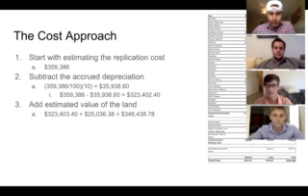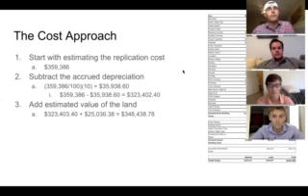So the depreciation came out to be $35,938.6. That gives us $323,402.4. Then we added the estimated value of the land, which we calculated by getting the per square foot price of land in the area. We multiplied that by the lot size of our subject property and added that on, which gives us a total of $348,438.78.